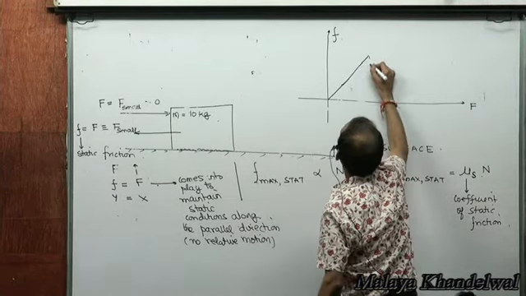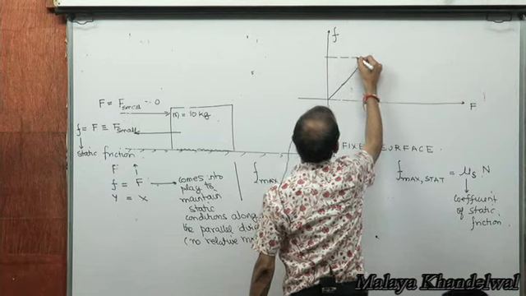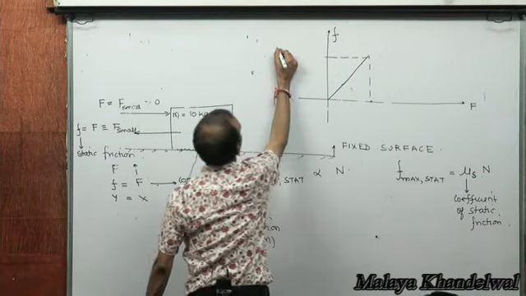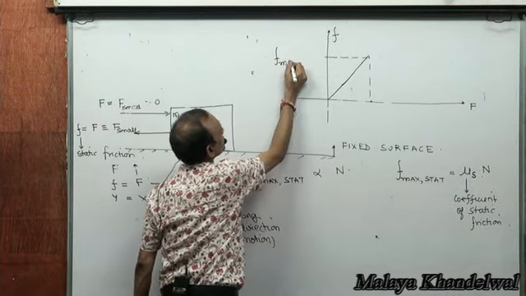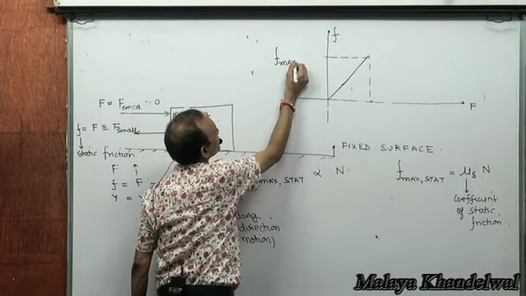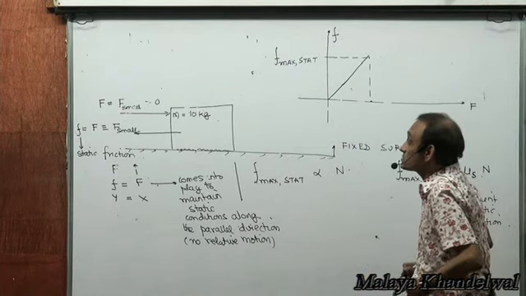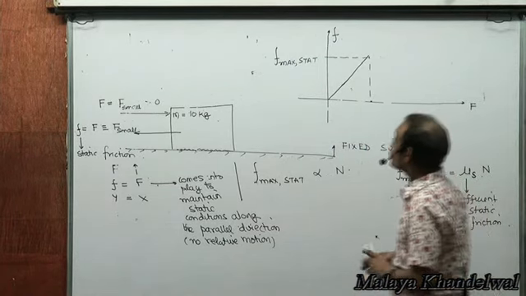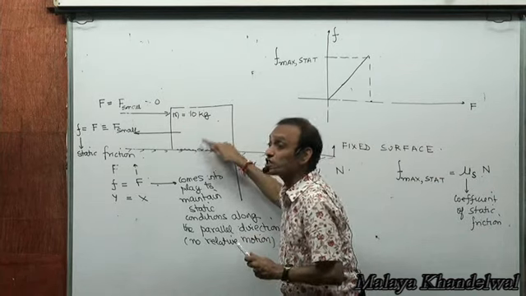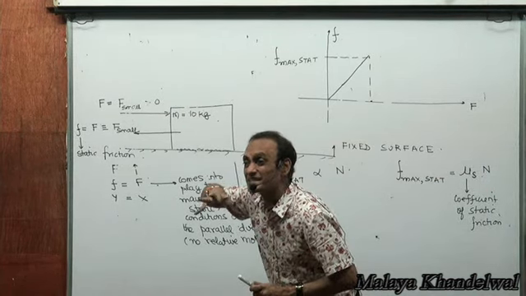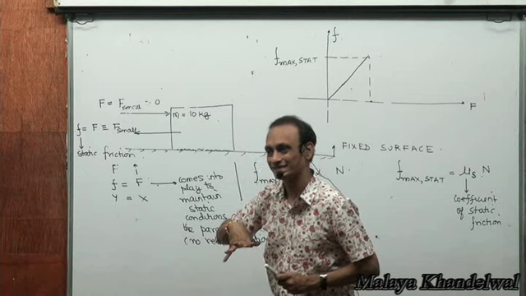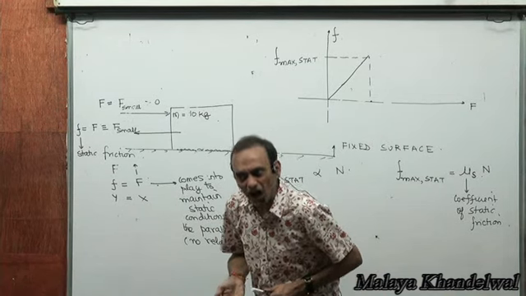but for a certain value of the externally applied force, static friction will reach its highest limit, which is maximum static friction. Once that is reached, these interlockings will start to melt. Relative motion will start.